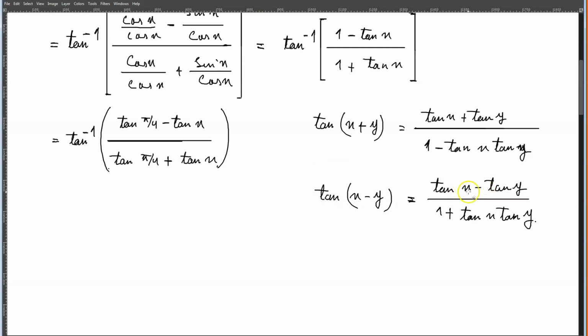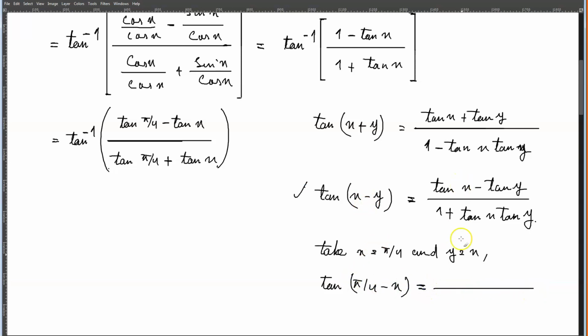Now if I substitute over here, if I take x is equal to pi by 4 and y is equal to x, I'll have tan of pi by 4 minus x is equal to, based on the formula, tan of pi by 4 minus tan of x, and over here I have 1 plus tan of x, which is equal to tan of pi by 4, which is equal to 1.